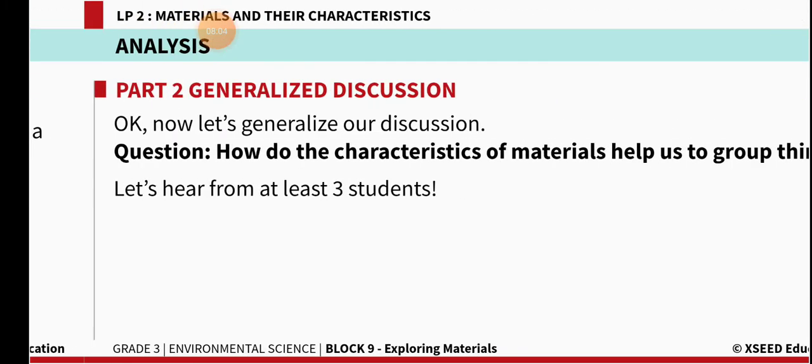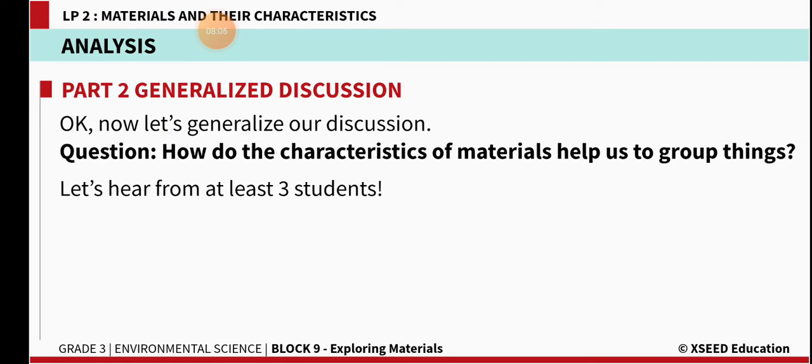And the next question: how do the characteristics of materials help us to group things? Based on these characters, we are differentiating the things. Some are hard, some are soft, some are shiny, some are dull. Some can show flexibility, some materials cannot.